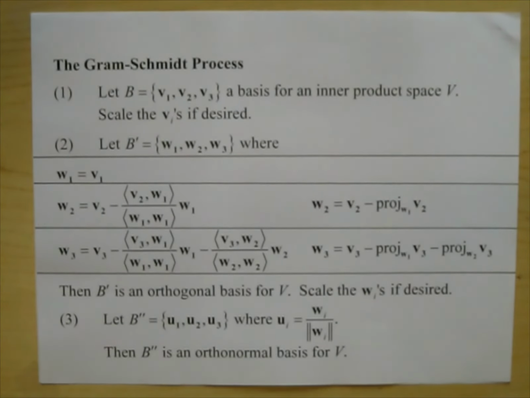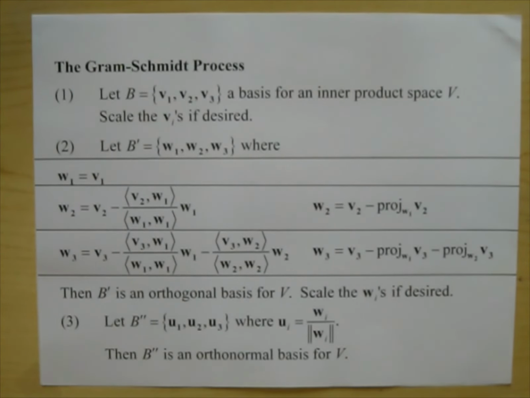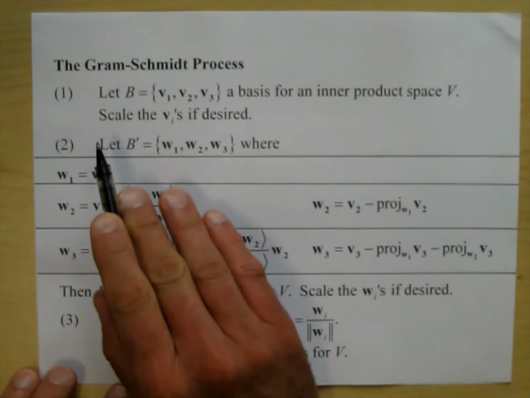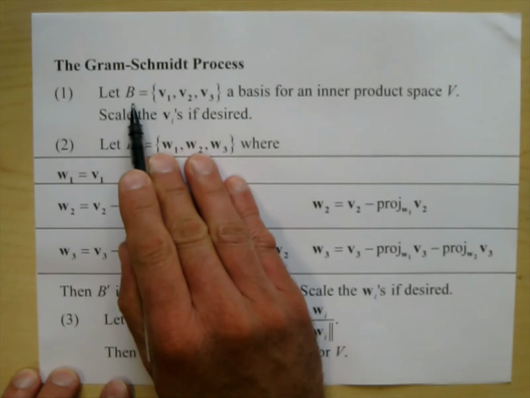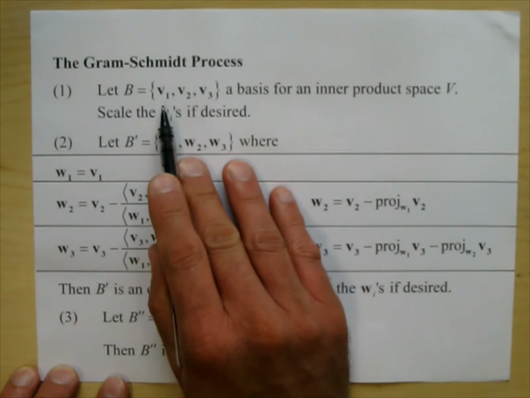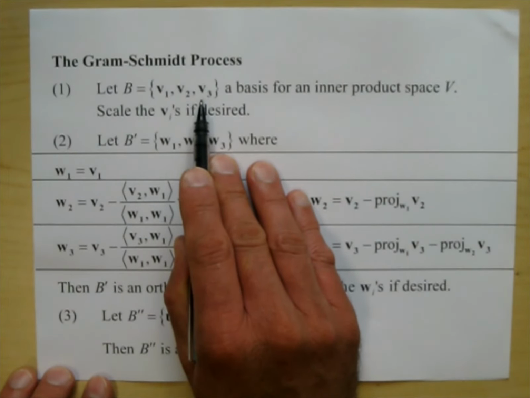So here is the Gram-Schmidt process. This is actually written in your definition and theorem sheet. And we have a basis, B, and I'll actually put 3 vectors in this theorem, V1, V2, V3. So on the PowerPoint, we were just looking at 2 vectors.